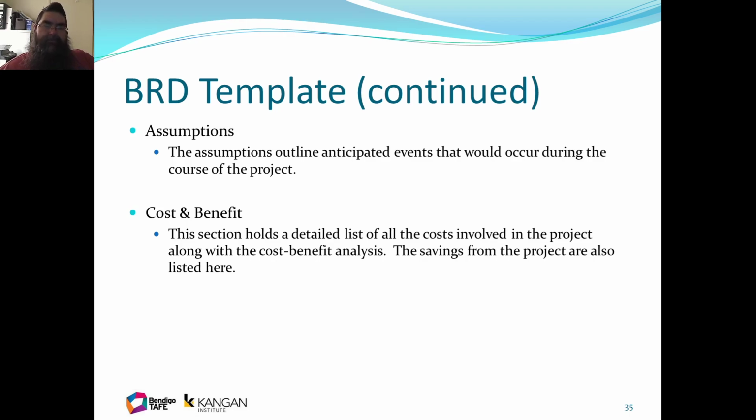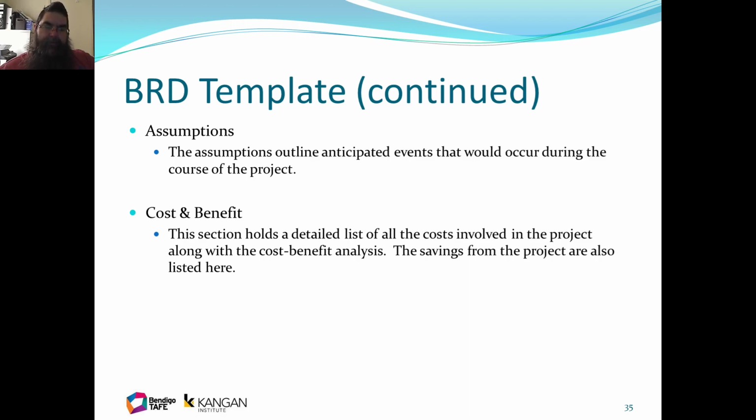Within any business project, we make assumptions about how the information was gathered, what the outcomes are, and all this sort of thing. So any assumptions we've made, like delivery of a product will be within a certain time period, all that sort of thing needs to be documented within the assumptions section.